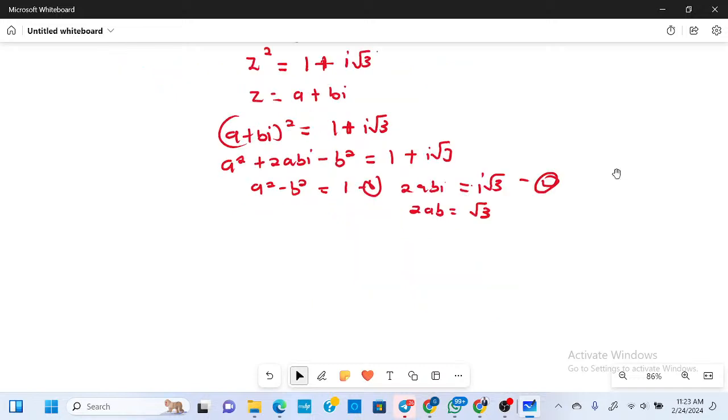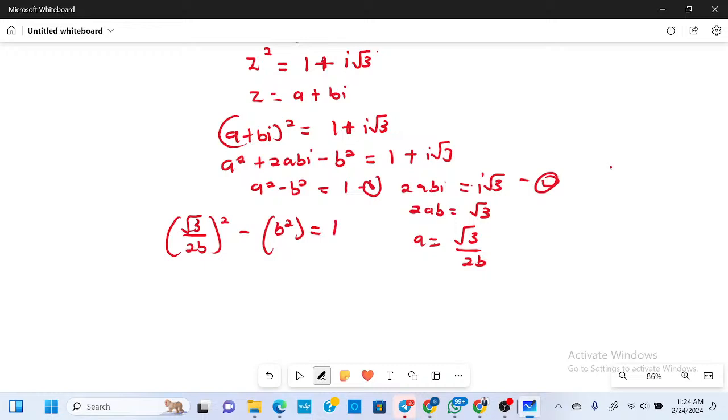So I'll make a the subject and I'll have a equal to square root of 3 over 2b. And I'll put it here. So (square root of 3 over 2b) all squared minus b squared is equal to 1.